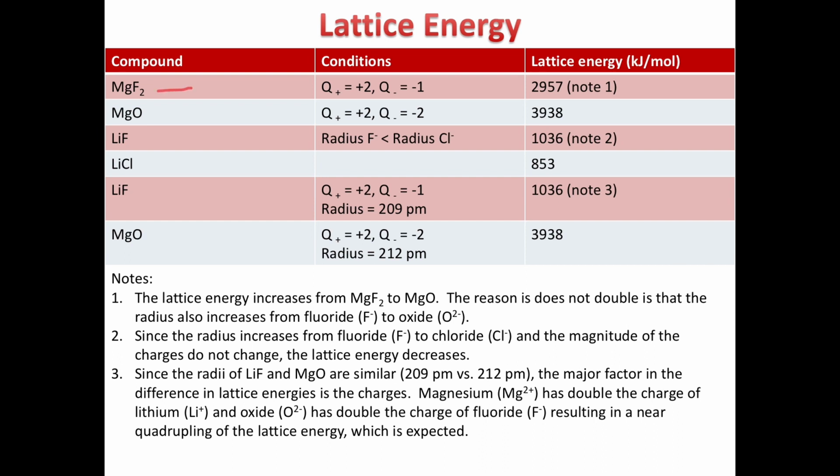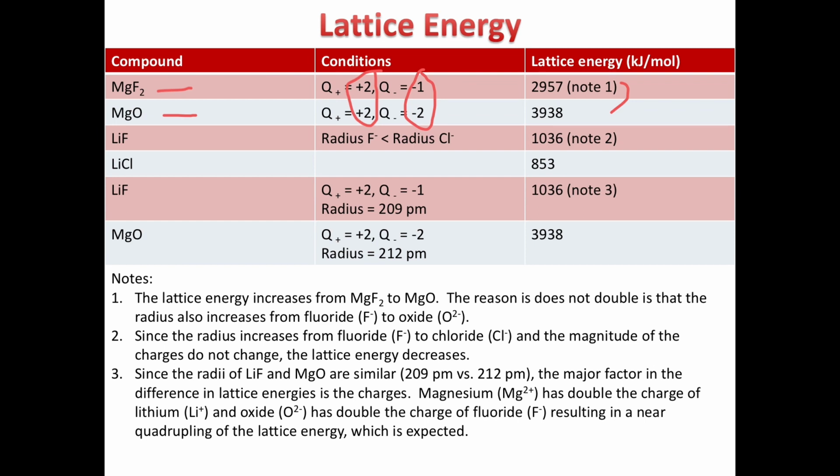Comparing magnesium fluoride with magnesium oxide, the charge on the cation remains the same at +2, but the charge on the anion doubles from -1 to -2. As shown, the lattice energy increases from 2,957 kilojoules per mole to 3,938 kilojoules per mole.